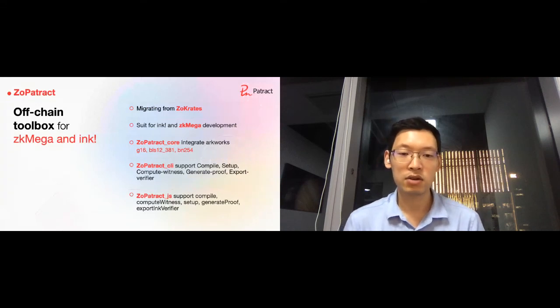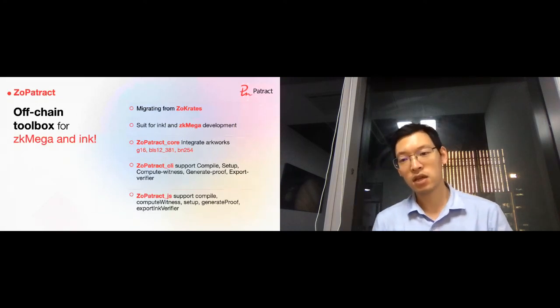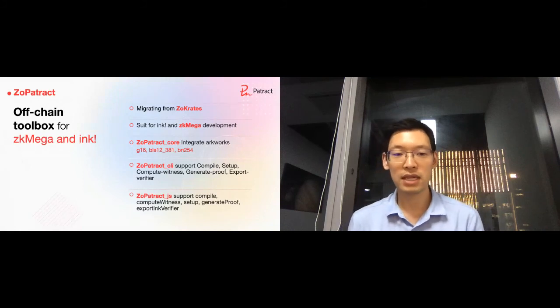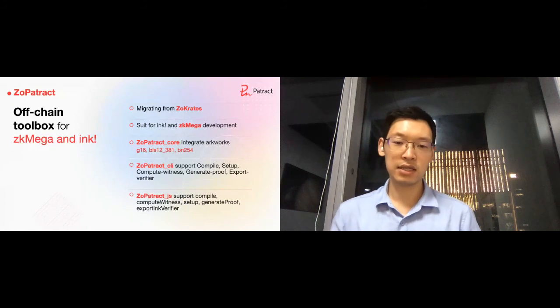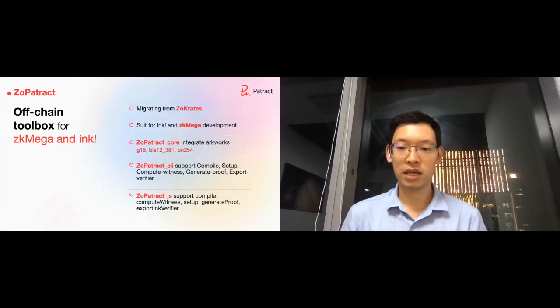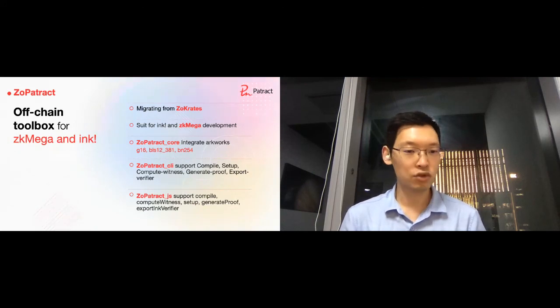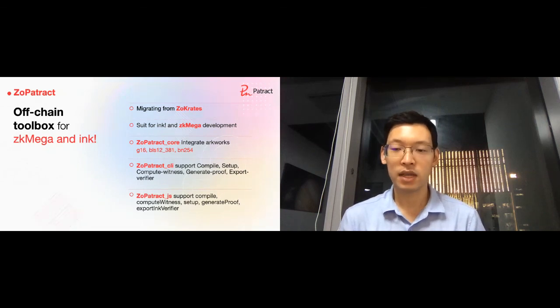In 0.2, we added support for off-chain tools. We migrated the famous ZoKrates so that it can support ink contract and ZK Mega. We named this project Patract, which has also been released. Through Patract, developers can easily do operations such as compile, setup, compute witness, generate proof, and export verifier, just like ZoKrates.